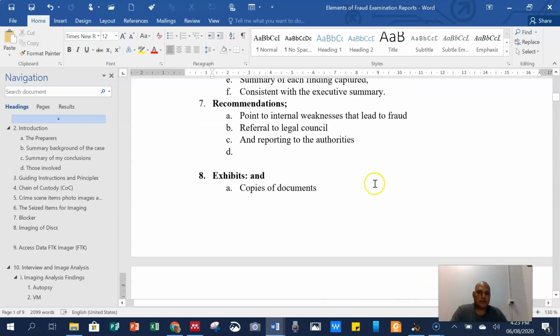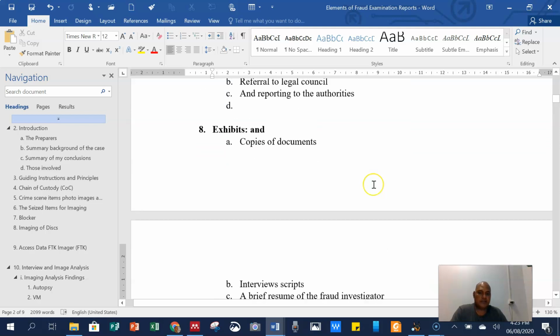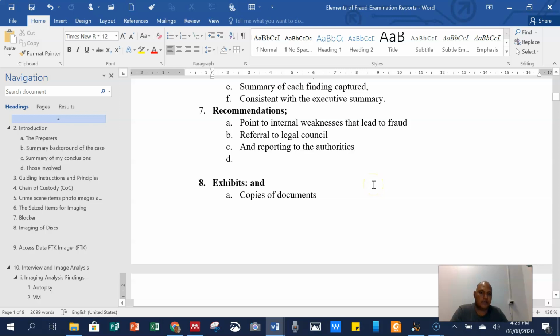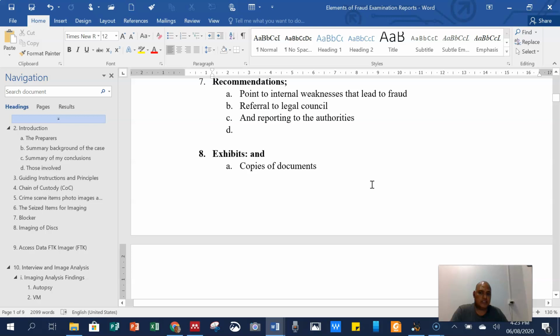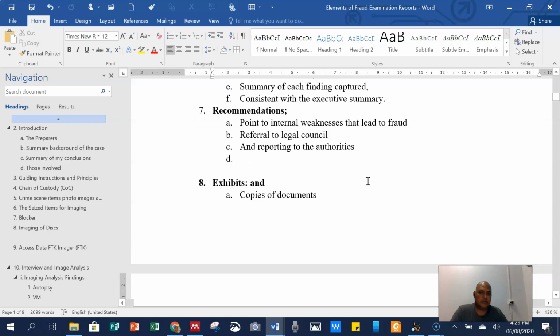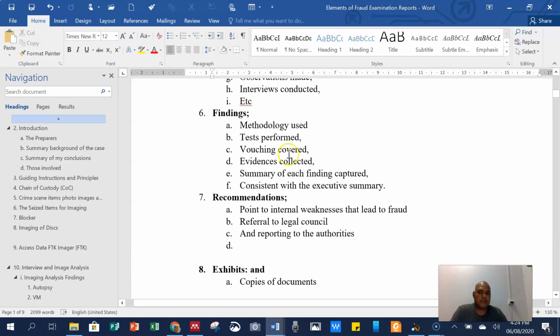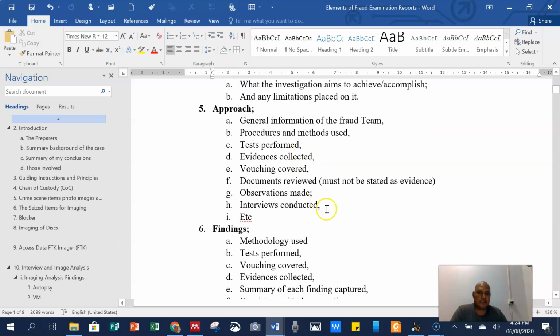So probably during your investigation, you covered something that is not captured in this report. This is very important, that it should be captured, and you continue to detail more, especially under the approach, what has been covered, the additional evidences that should be detailed.